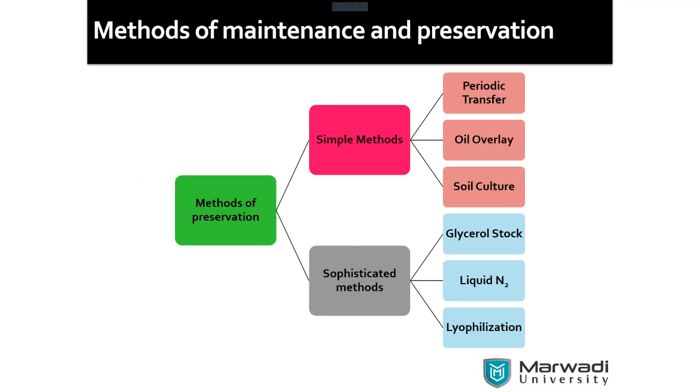This is a single colony. You may pick up that colony and transfer it to a fresh medium. So if you are going to subculture again and again, that is periodic transfer. You transfer from one to another, and you must store at a low temperature in a fridge.